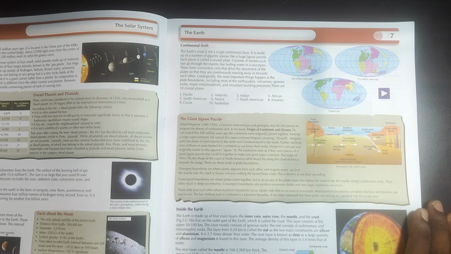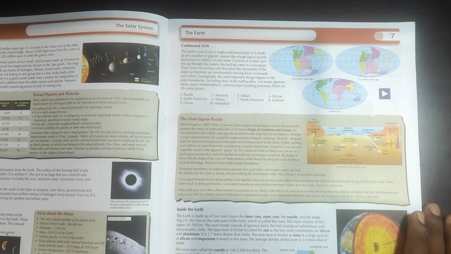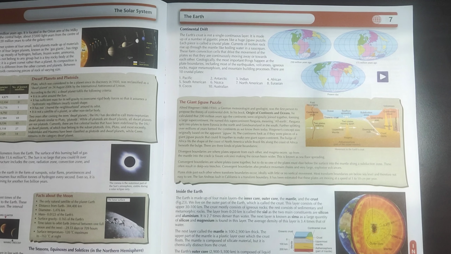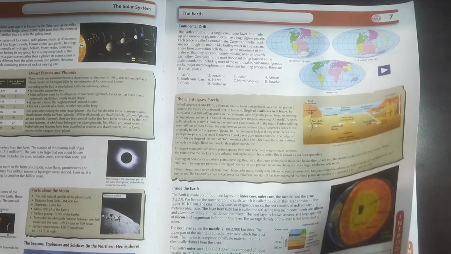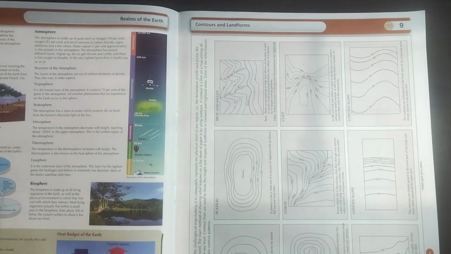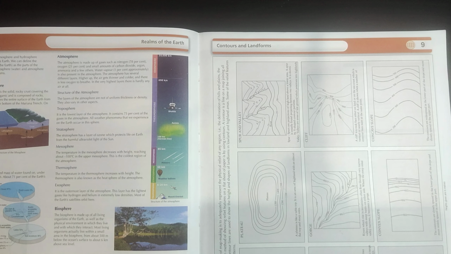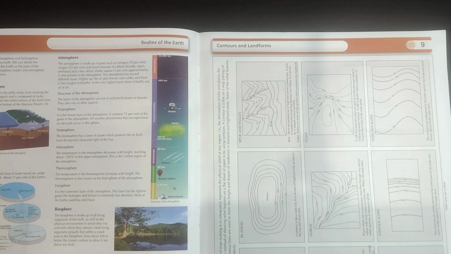They have given it with a pictorial representation as well as detailed information. And then rocks and minerals, what are the major rocks and minerals that we have. And later they have given the different spheres on the earth, like atmosphere, lithosphere, geosphere, hydrosphere and biosphere.